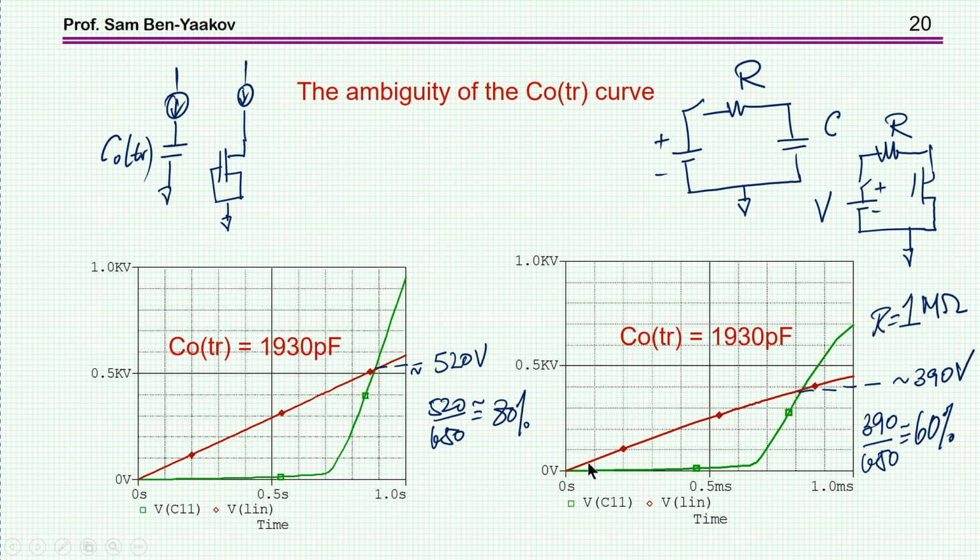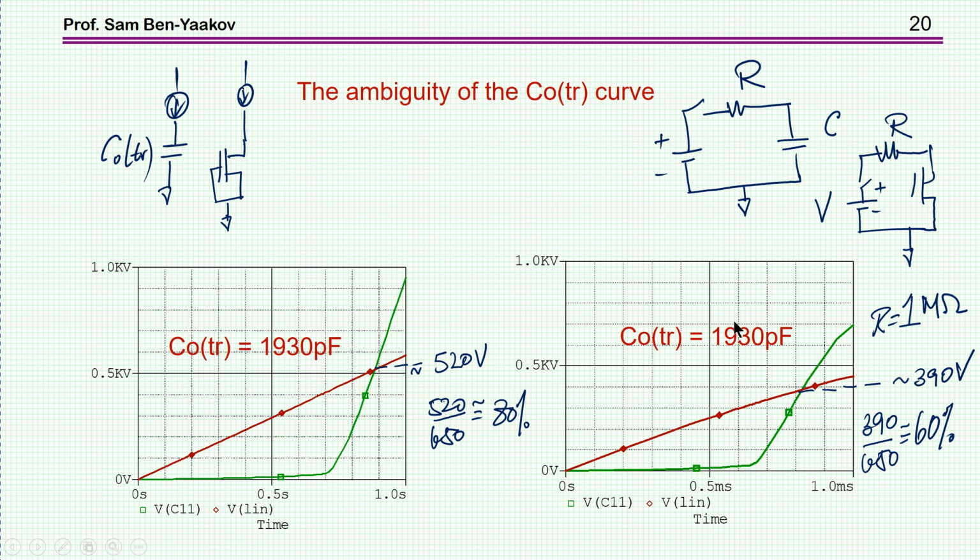However, there's a point here that perhaps should be cleared up. This is correct when the charging is with a current source. If the charging of the transistor or the equivalent capacitor is by a voltage source with a resistor, an RC type circuit, which is this case, as opposed to the current source, which is this case, the intersection is at a different point.